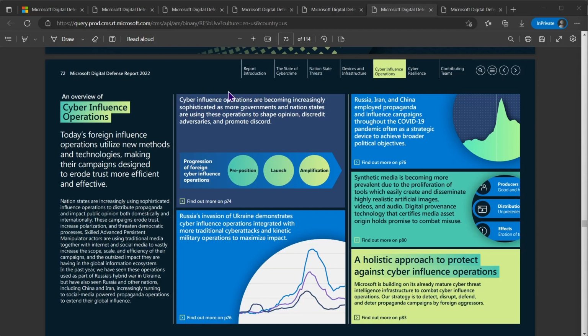Next, I'm going to be looking at cyber influence operations. This is a section dedicated to analyzing how cyber has been utilized in geopolitical and population control and misinformation campaigns.